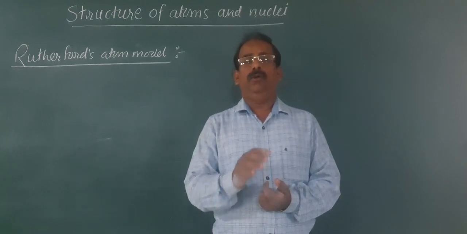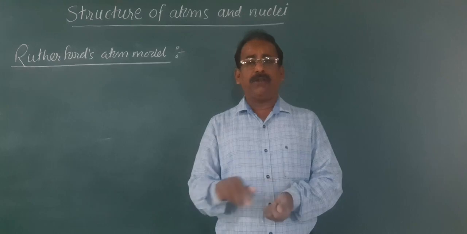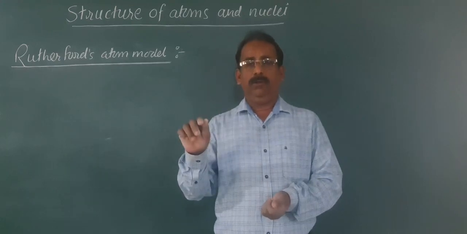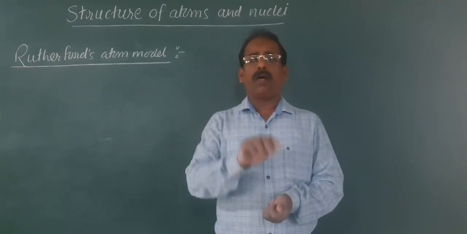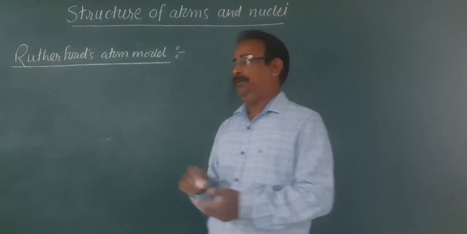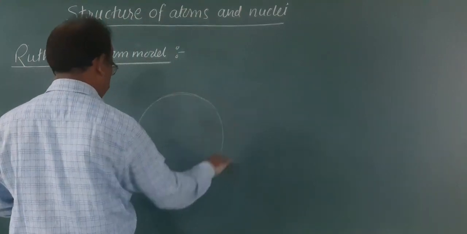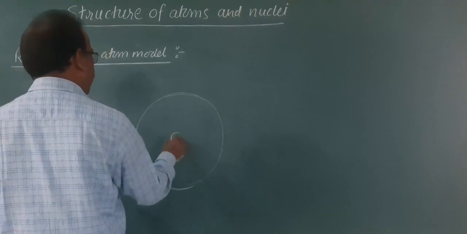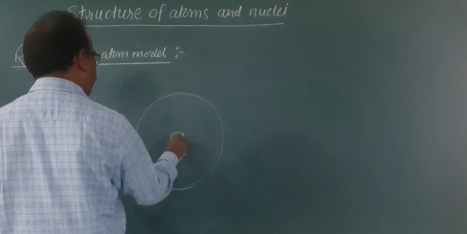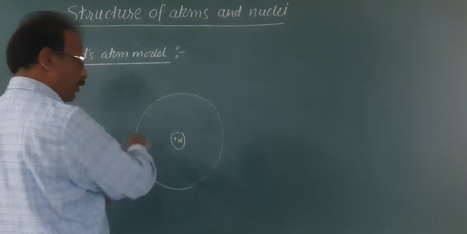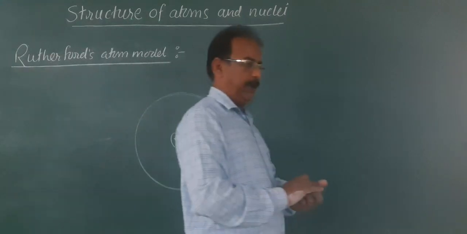While negatively charged electrons should revolve around this nucleus. Suppose this is the atom. In the center there is a positively charged nucleus in which almost all the mass is concentrated.